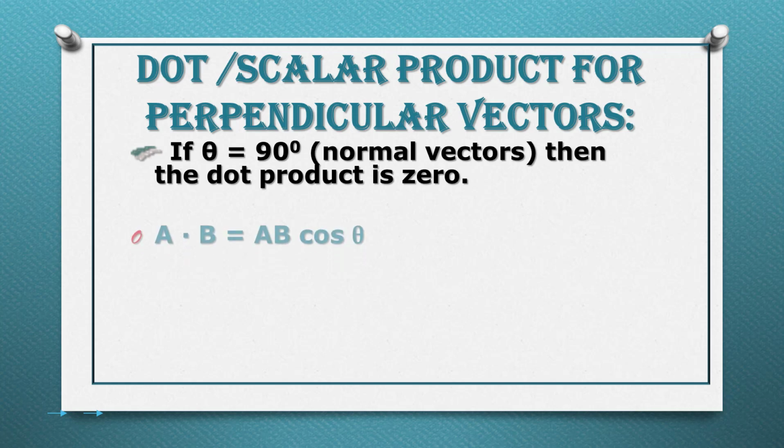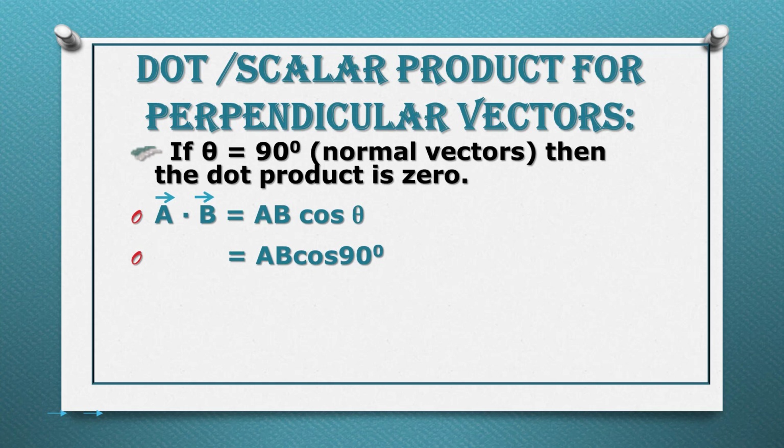Let's say we have two vectors A and B and we take the dot product between them, A dot B, which is equal to AB cos theta. We have already discussed that these two are orthogonal or normal vectors, so we will put theta equal to 90 degrees.